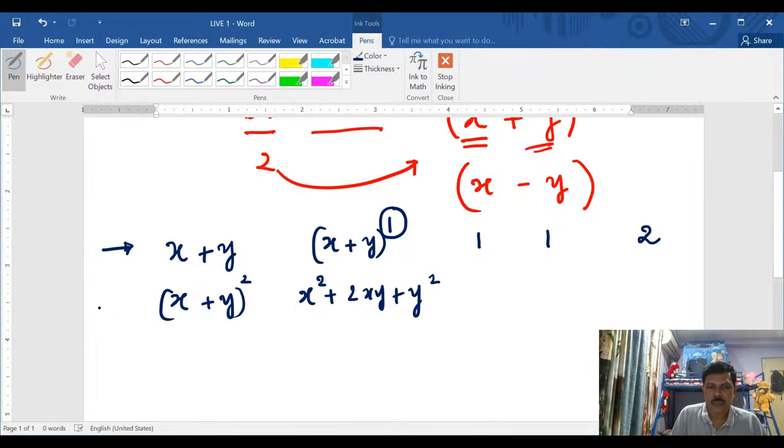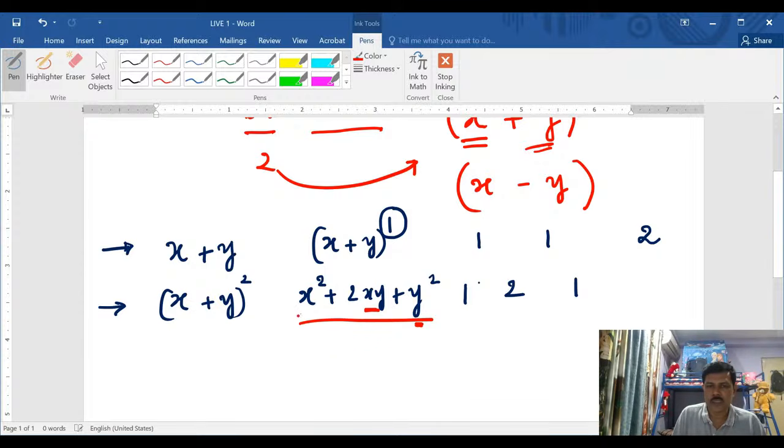In the second one, the power is 2, but how many coefficients do we have to write? 1, 2, and 1. Hope you are able to grasp what I'm trying to say. Here we have the x square coefficient, the xy coefficient, and the y square coefficient.